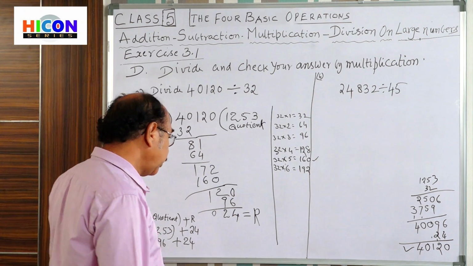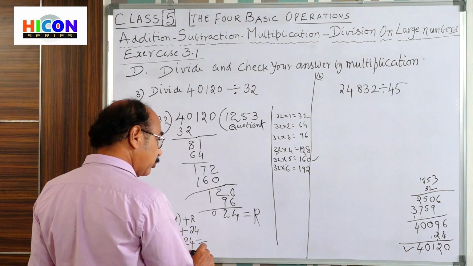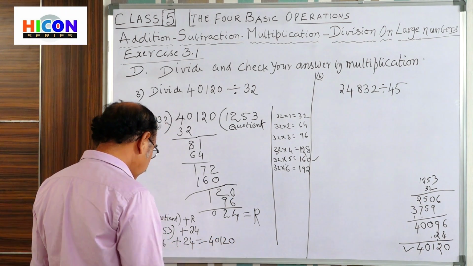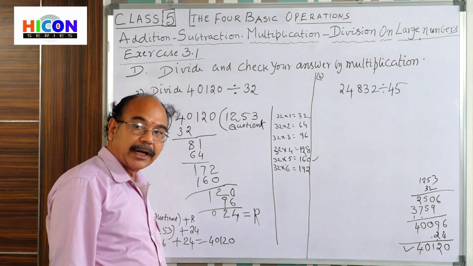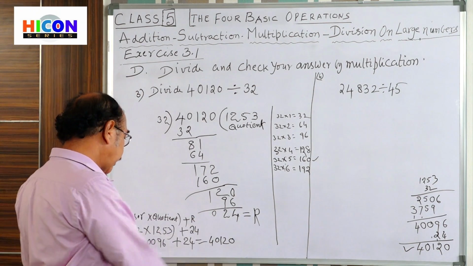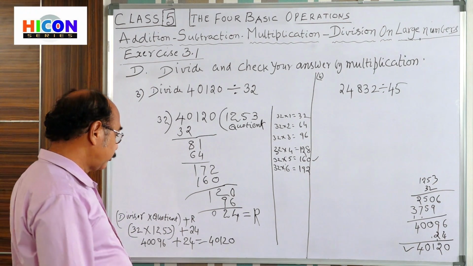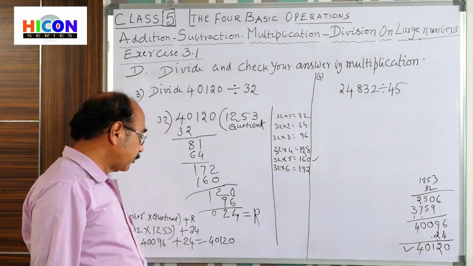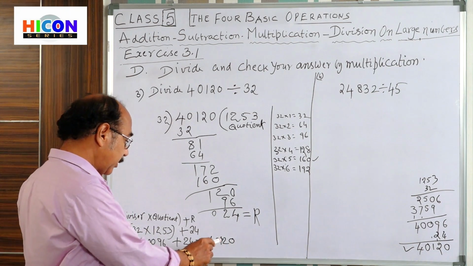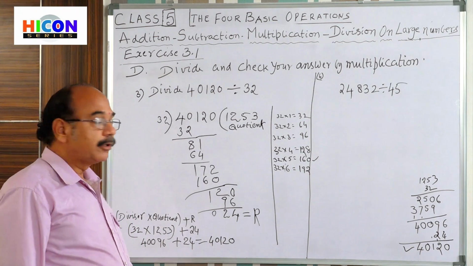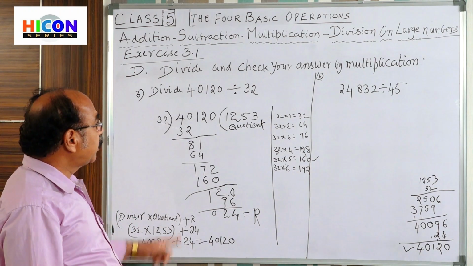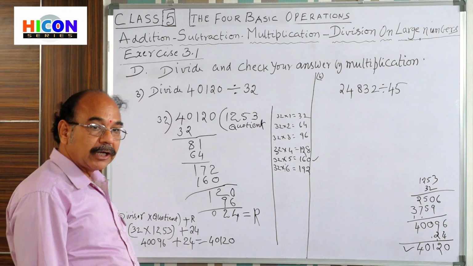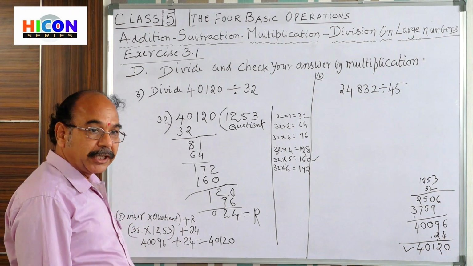Like this, we check the division. Divisor into quotient plus remainder is equal to 40120. This is the dividend. Observe this division work. We showed the division and the division work is checked by you.